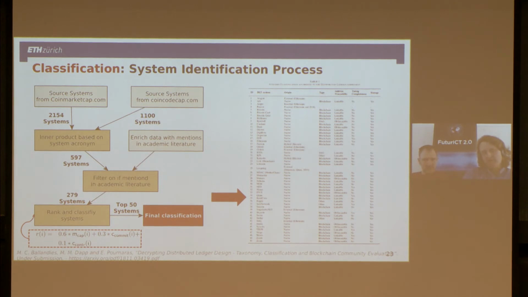So how many commits there are, I think in the last year, and how many actors actually contribute to the source code. So mapping the viability of these systems. And from this ranking, we chose the top 50 systems, which we classified. And here, as an illustrative example, we show how these 50 systems look for the distributed ledger component.